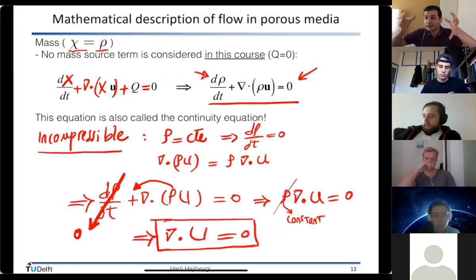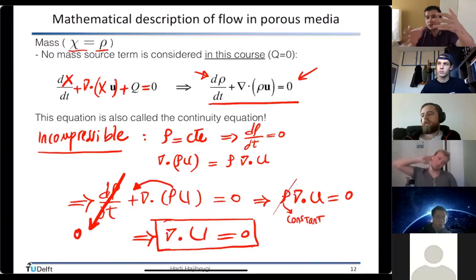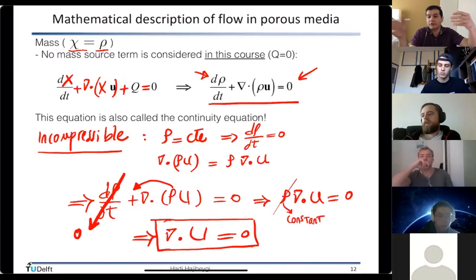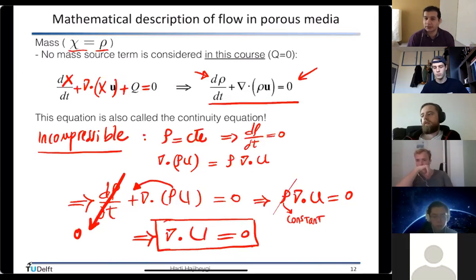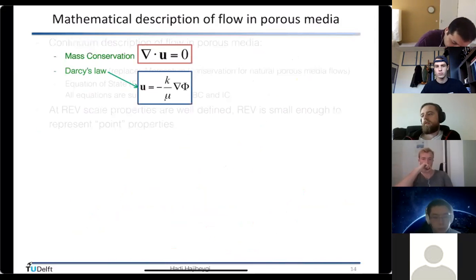When the system is incompressible, there is no change of density, so you cannot fit more mass in a fixed or control volume. If there is no source term, whatever comes should leave. If whatever comes doesn't leave, you need to increase the mass, but you can't because the system is incompressible. Now with this, I would like to move forward and say that is my mass conservation.